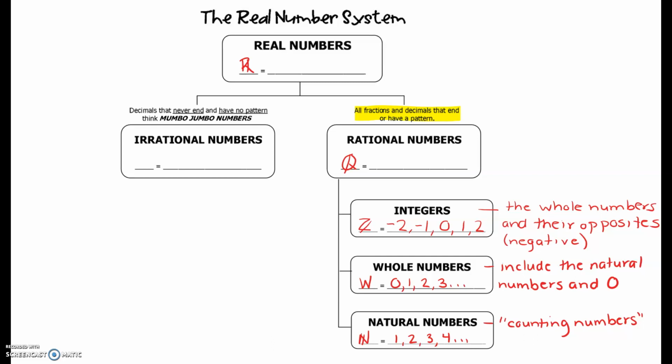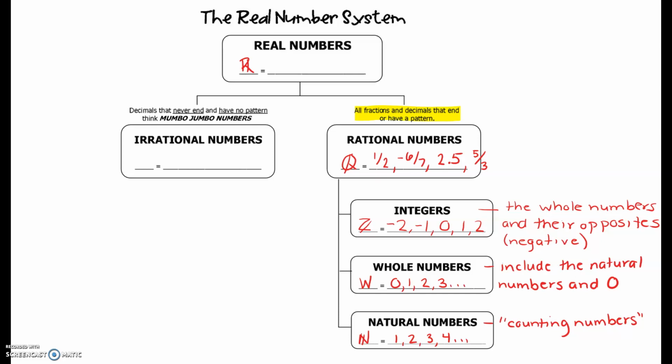So something like 1/2, something like -6/7, something like 2.5, something like 5/3. Any of these fractions or decimals that end are part of the rational number subgroup.